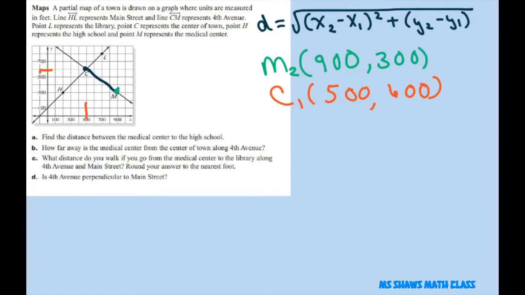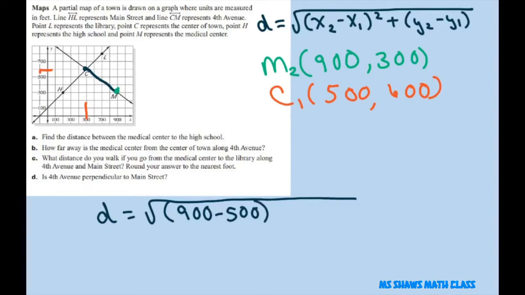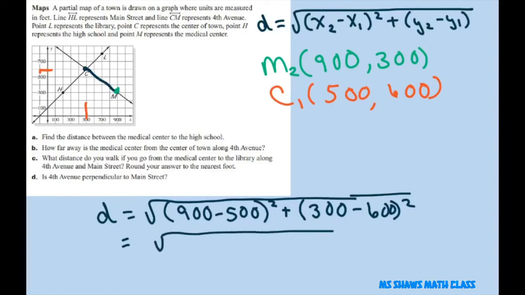So basically the distance is going to be the square root of 900 minus 500 squared plus 300 minus 600 squared. And that's going to give you 400 squared plus negative 300 squared.